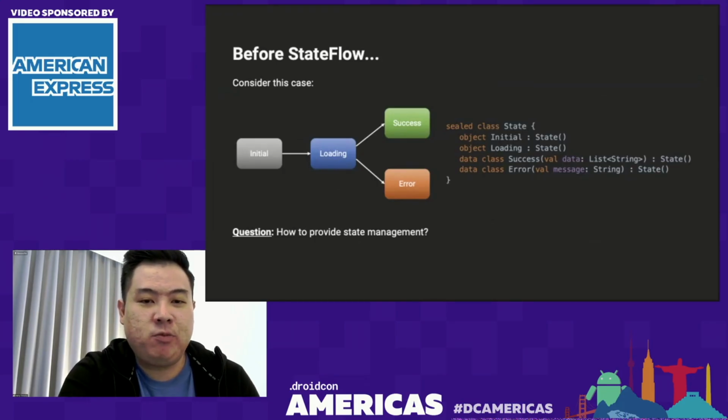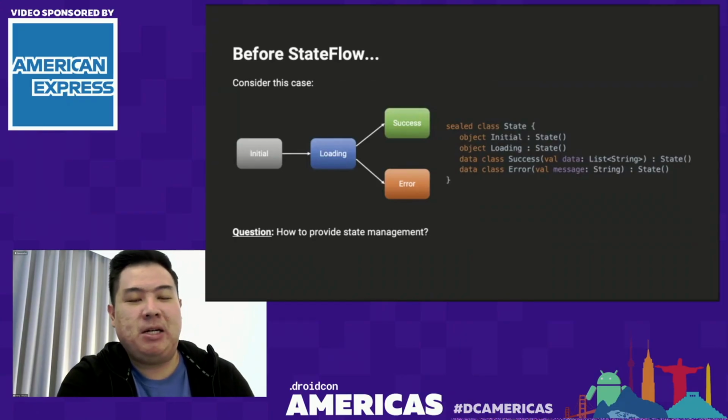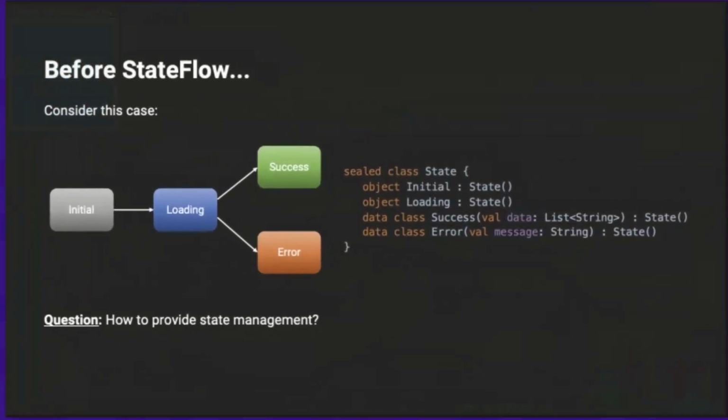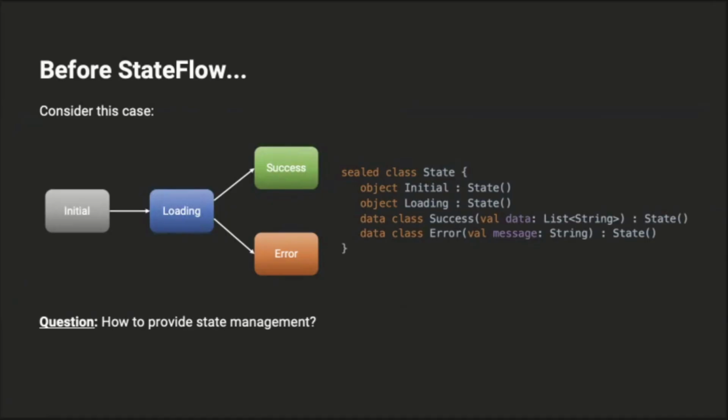Well, in today's practice, there are several solutions to this problem. For example, we can use Rx Observables, we can use LiveData. But what about coroutines? What solution can coroutines give us to manage these states?